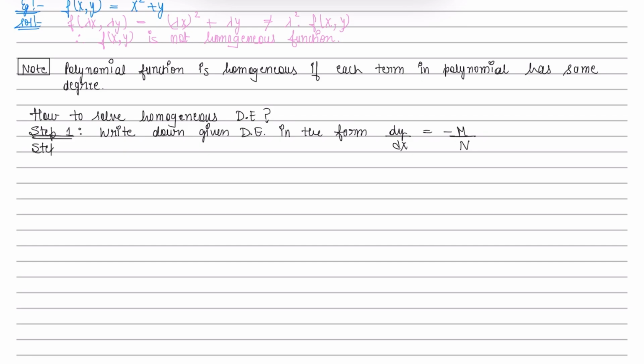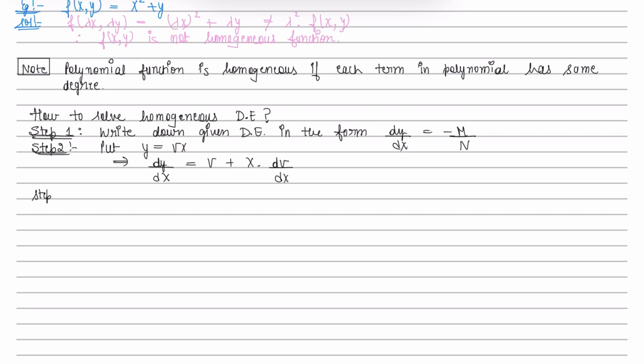And step number 2 says, put y equals v of x, which implies dy by dx is equal to v plus x into dv by dx.